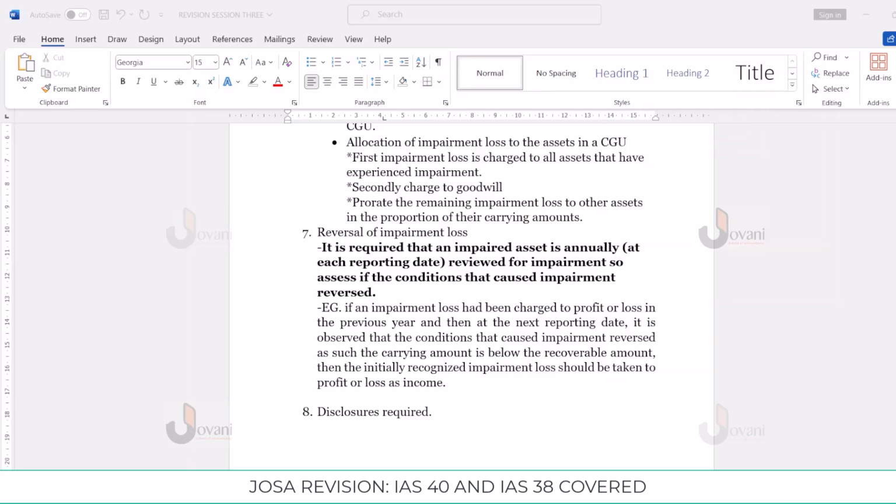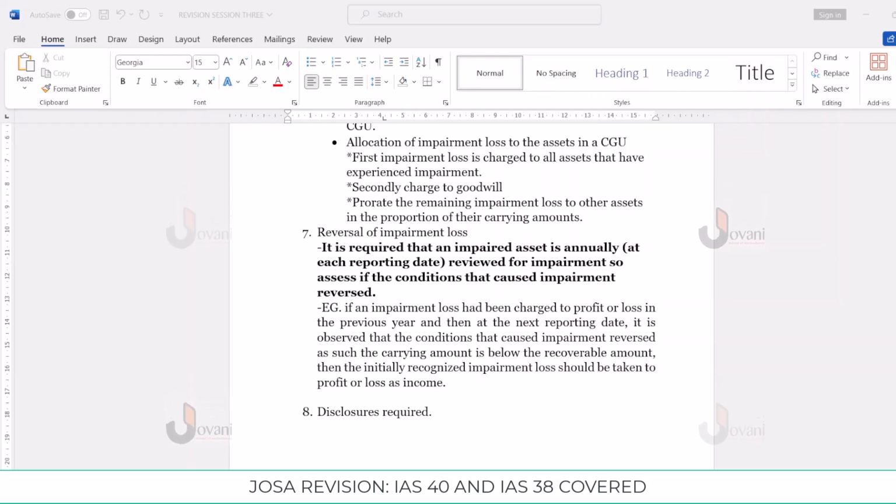Then, can't we take this portion? Because each year we transfer the profit to retained earnings. Instead of putting it back in the profit or loss, can't we just take it directly? Does the standard allow that?